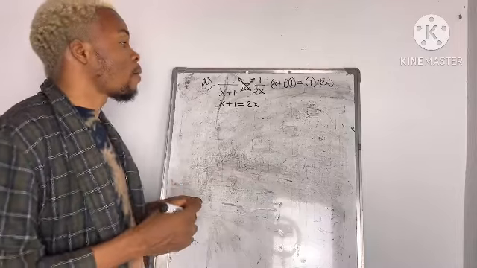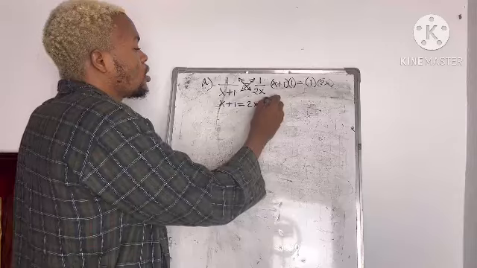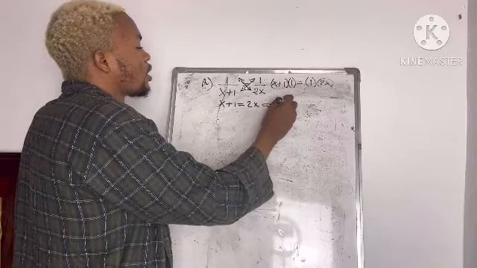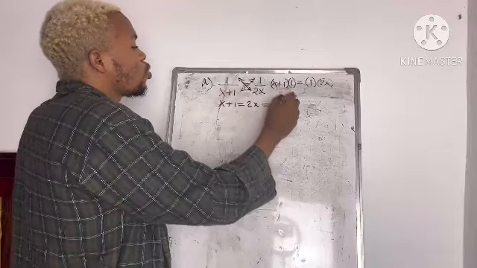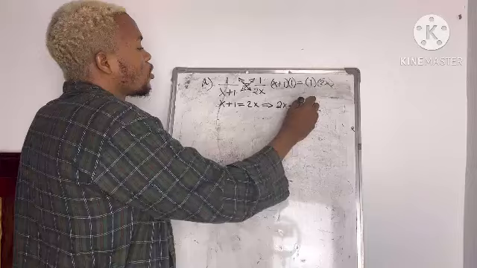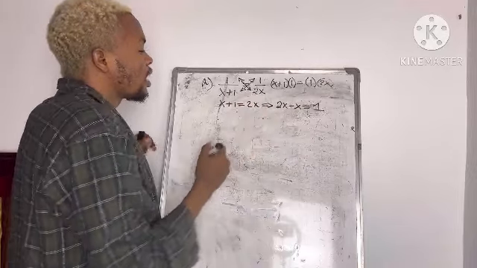So this implies that you have 2x, and this goes this way, you have minus x, which is equal to 1, because when x goes this way, we call it minus x.